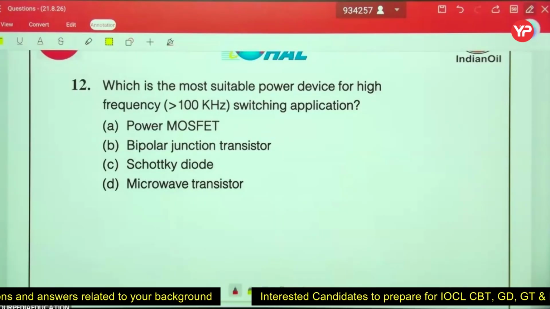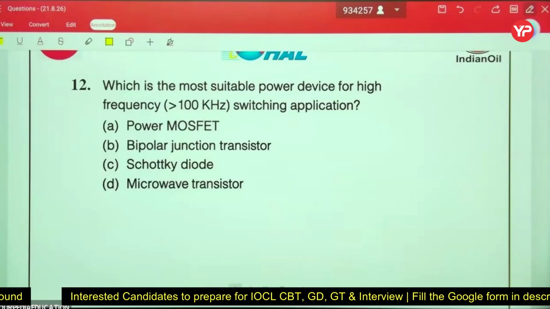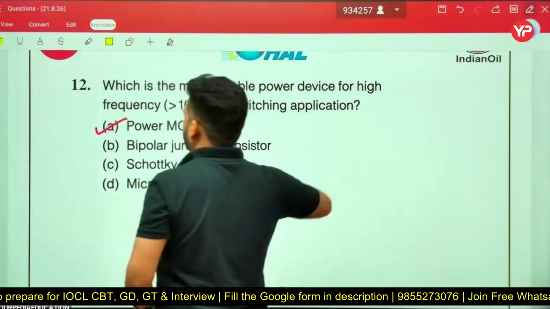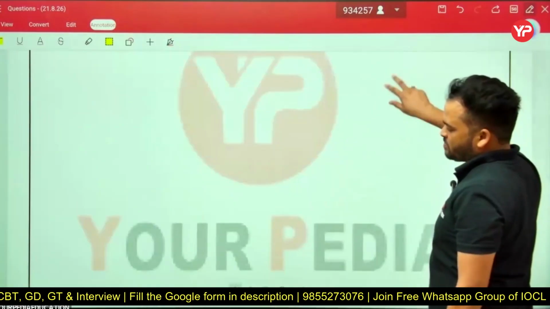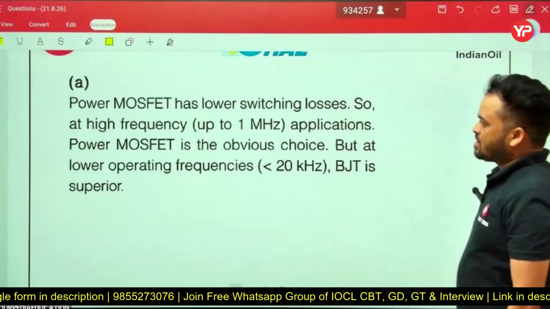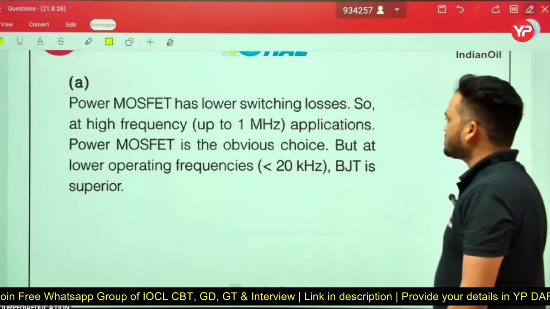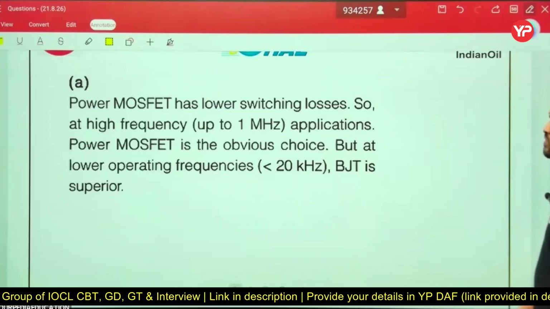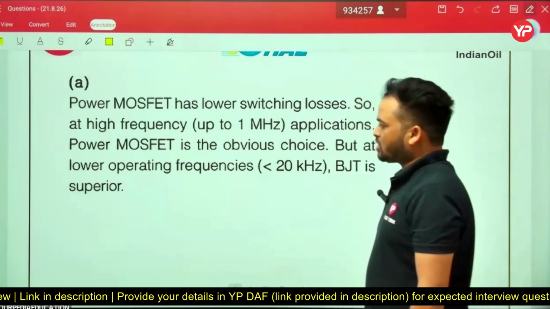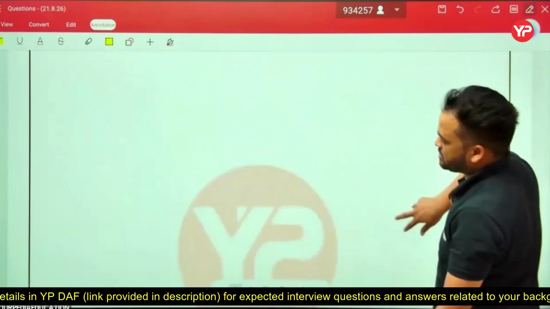This is simple. Tell me. Yes, power MOSFET. Why power MOSFET? Because of high speed, power MOSFET has lower switching loss. We discussed why we prefer this. So at high frequency up to 1 megahertz application, power MOSFET is the obvious choice. But at lower operating frequency less than 20 kilohertz, BJT is superior.